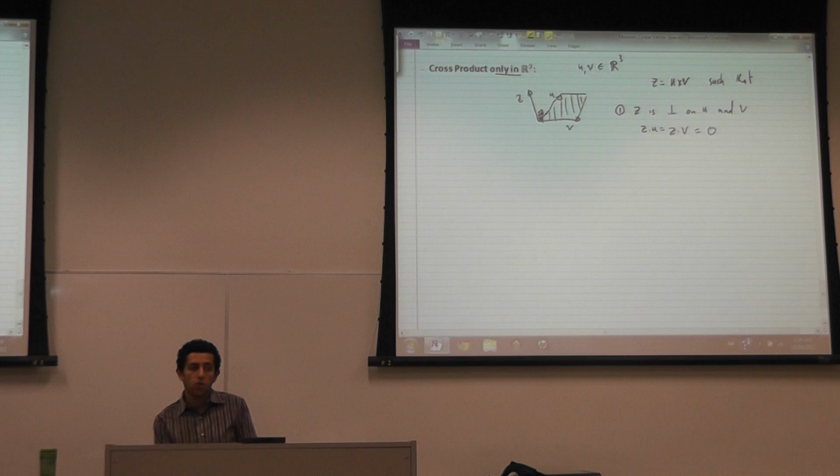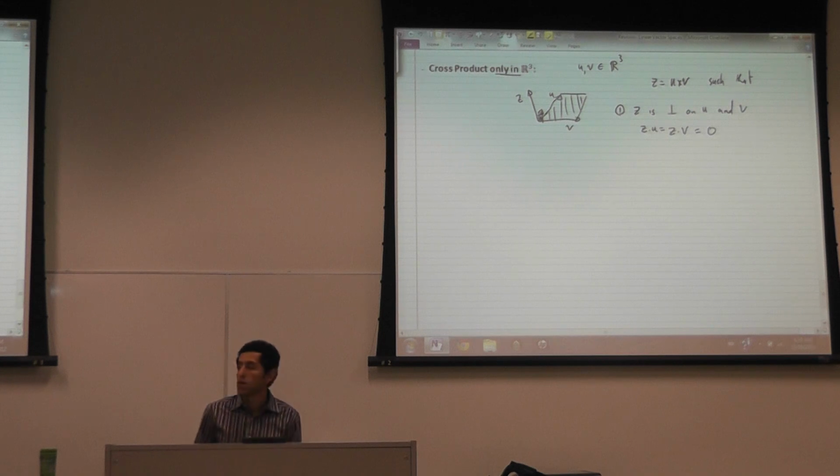When you take a cross product of two vectors, you get another vector that's perpendicular to the original two. Since I'm working in R3, I actually have 2 directions for that vector. I have z and I have negative z.